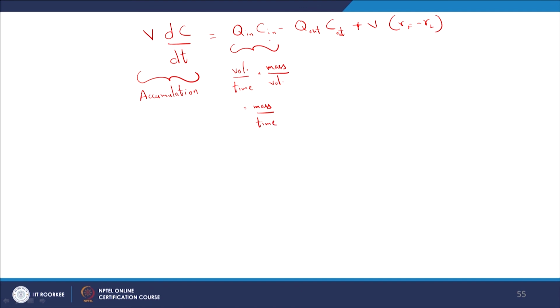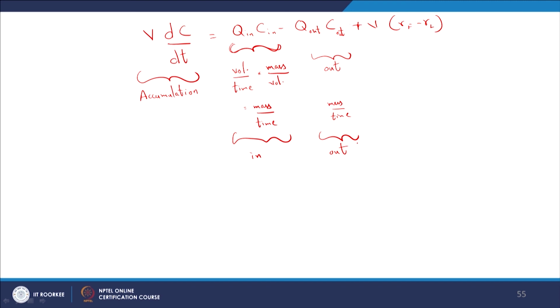So, that particular set of variables gives you an idea about mass coming into your system, right. So, Q in and C in give you an idea about the mass flowing into your system, and the same case, Q out C out will again be mass per time, but this will give an idea about the mass flowing out of the system now, right. So, this is the mass coming into the system, this is the mass flowing out of the system, right.